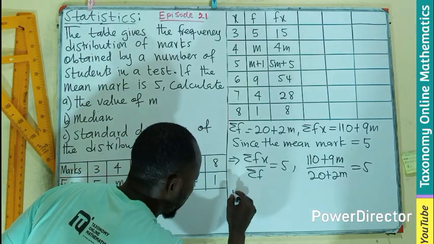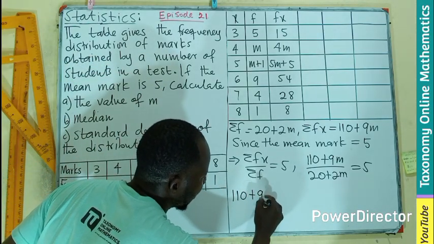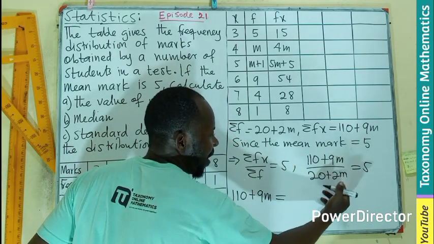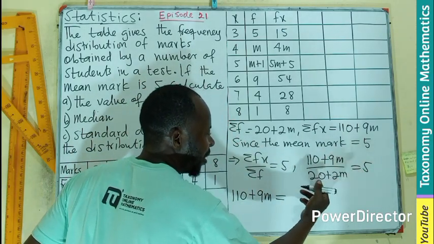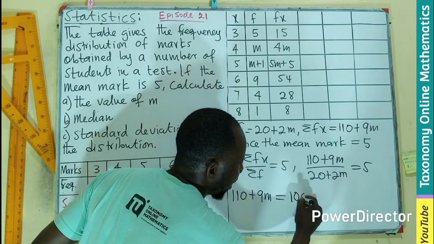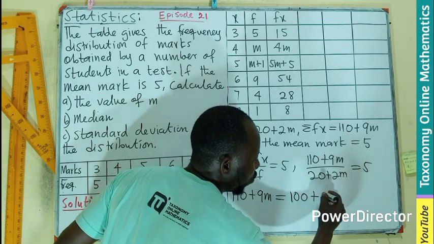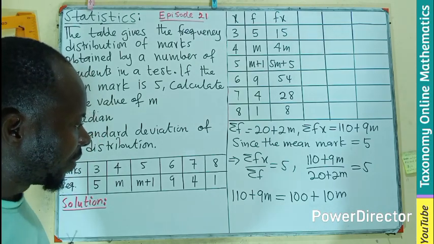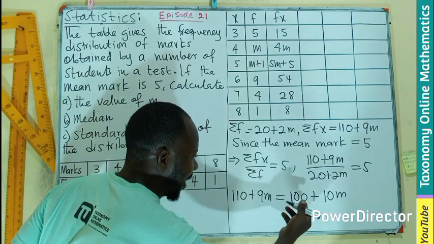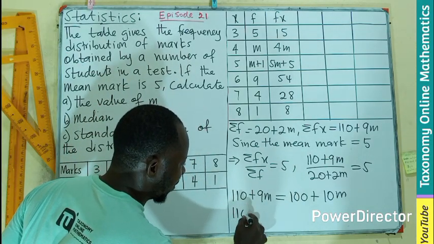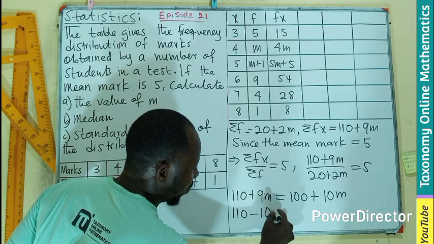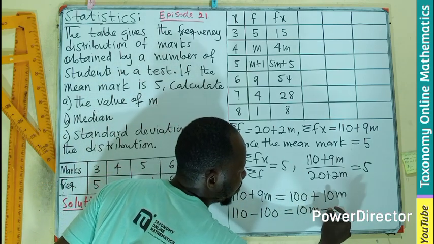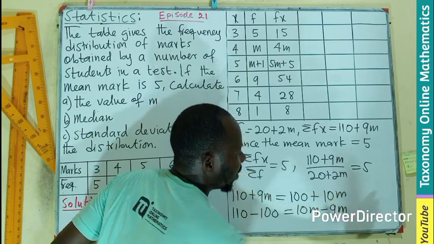Yes. So 110 plus 9m should be equal to 5 multiplying everything in the denominator. So 5 times 20, 100. 5 times 2, 10 what? M. Can we group like terms? Good. Let's set the 9m there, bring the 100 here. So 110 minus 100 equals 10m minus what? 9m.